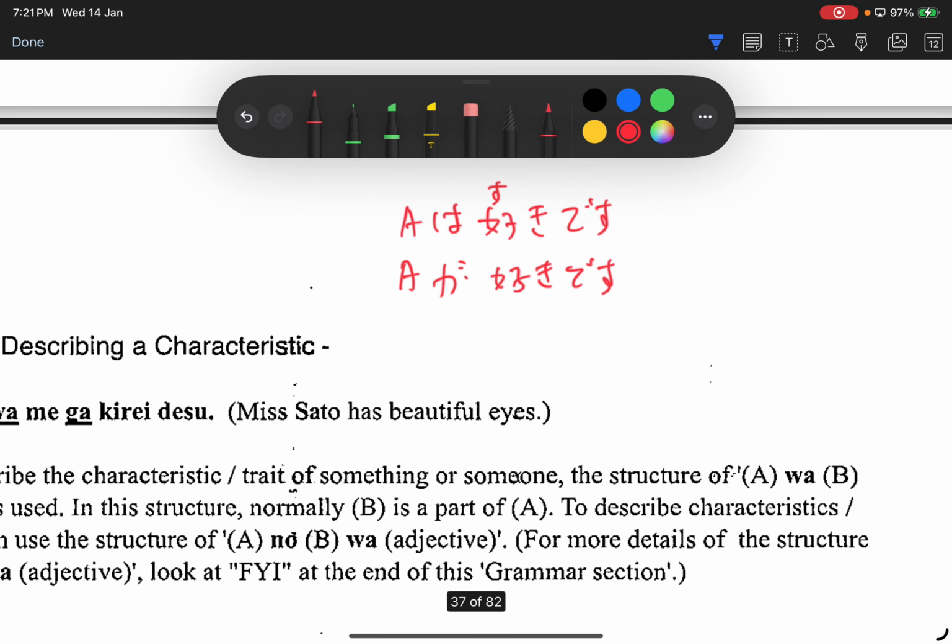So the first one will be A likes something. The B one is something likes A. Now you see the difference. Right? Over here A is the subject. Over here A is the object. Right? So this is what I mean by subject and object. Wa and ga.